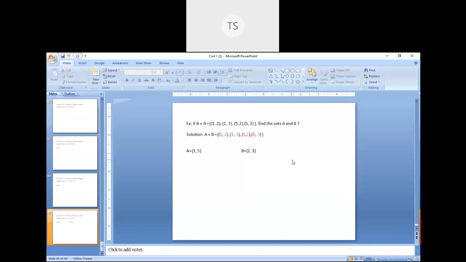You can tell me, you have to be honest. Can you understand the topic, the ordered pair or Cartesian product? Is it clear? Yes, ma'am. Because if I start relation, everywhere you will need the Cartesian product and the ordered pair.